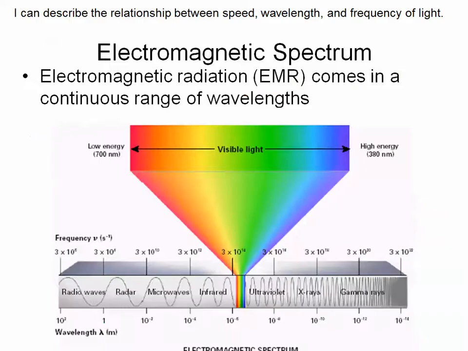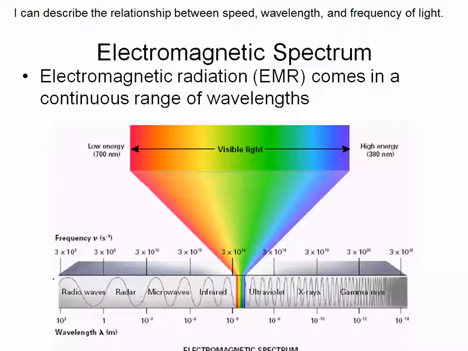Now if we take a look here, coming back to our electromagnetic spectrum again, we can think about this spectrum in terms of frequencies, in terms of wavelengths, and now as well in terms of energy. If we go back to what we were talking about yesterday, wavelengths and frequencies are inversely related.